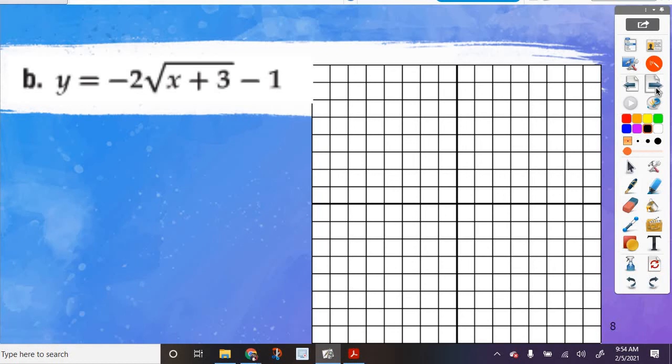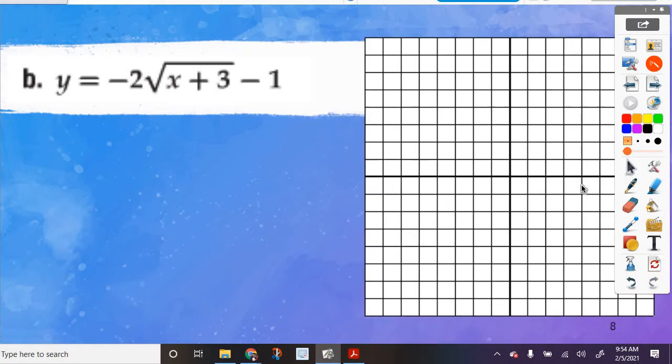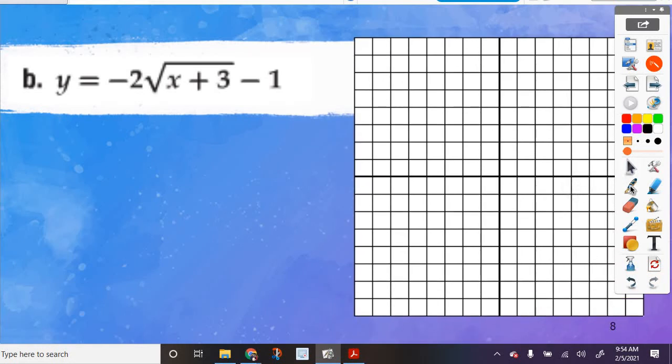In this case, they give us negative 2 times the square root of x plus 3 minus 1. So remember, again, I want to start by looking at what my parent function is, which is the square root of x. And again, plugging in those 3 key values.